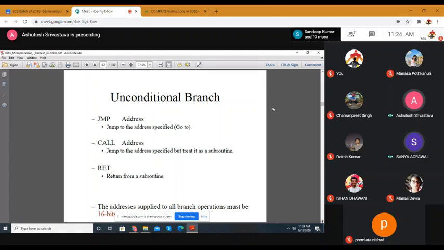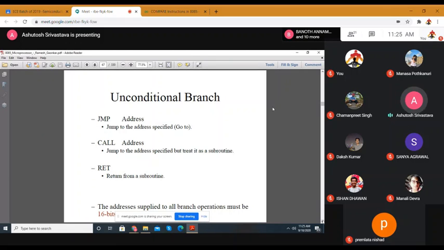So this being an unconditional branch, it would not look for any condition to be satisfied, but would execute this particular subroutine, which is addition. Is that clear? Yes, sir. Okay.